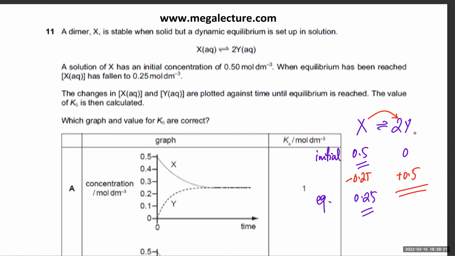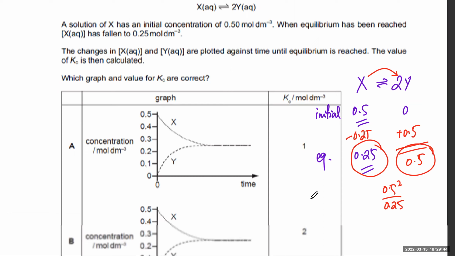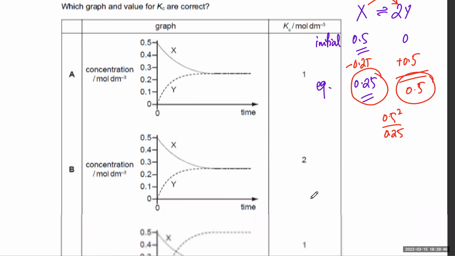So your equilibrium moles would be 0.5, right? So you have these two: 0.5 and 0.25. And what would be the expression? It's going to be 0.5 squared divided by 0.25, which is going to give you 1. Kc would have a value of 1. Clear? Yes, sir.